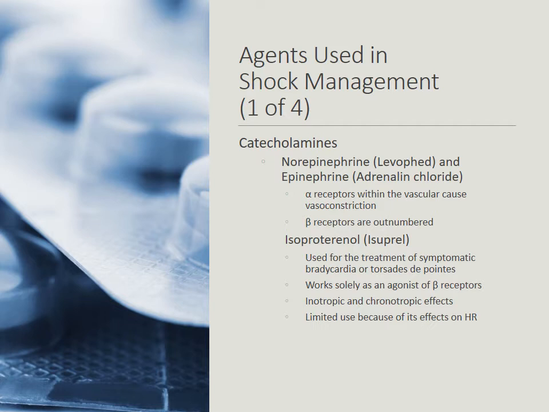It's used in the treatment of symptomatic bradycardia or torsades de pointes. It works solely as an agonist of beta receptors, and it has both inotropic effect, how strong the contraction is, and chronotropic effect, speeding it up, how fast. There's limited use though because it is so good at speeding up the heart rate.